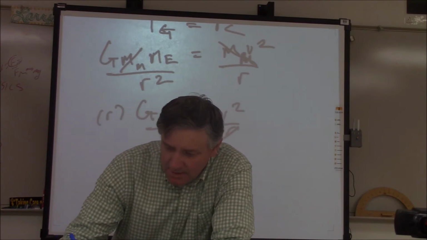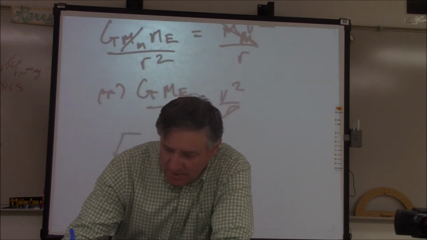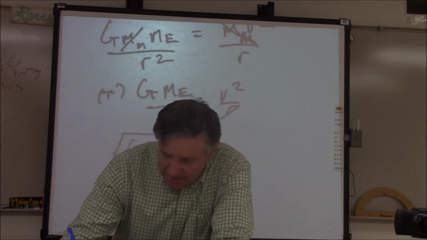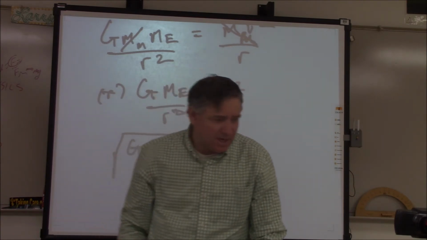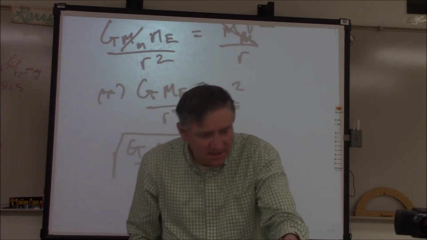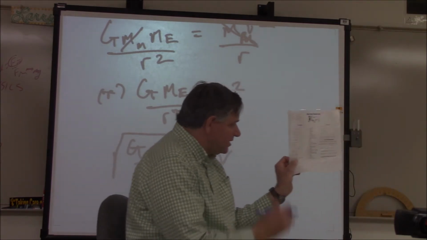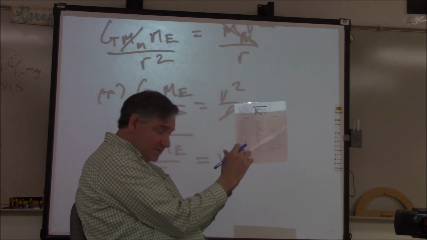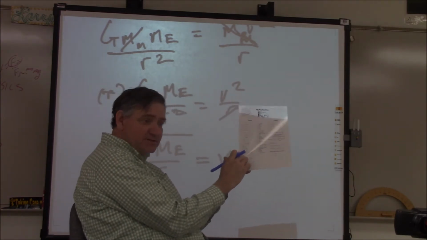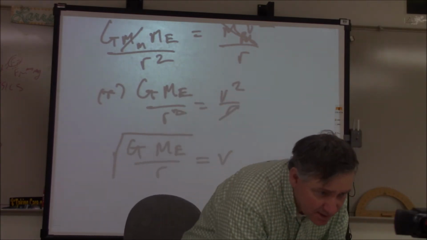So that's going to cancel out one of those, and then I'm going to take the square root of that. I'm going to get the square root of big G mass of the Earth over r is going to equal my velocity. So this is the equation over here to the left of the one that we just figured out with a little g. So this is on your equation sheet. Don't memorize it. It's there. You just have to know how to use it.